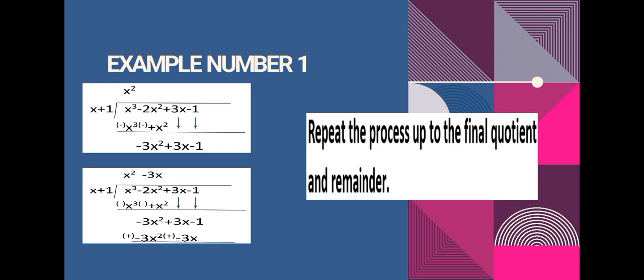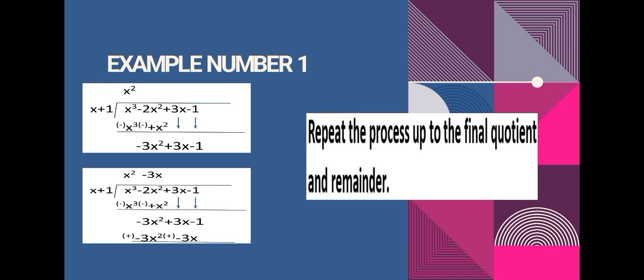Now we will change the sign of our new product. Since it is negative 3x squared, we will change it to positive, and the negative 3x, we will change it also to positive. So we subtract.